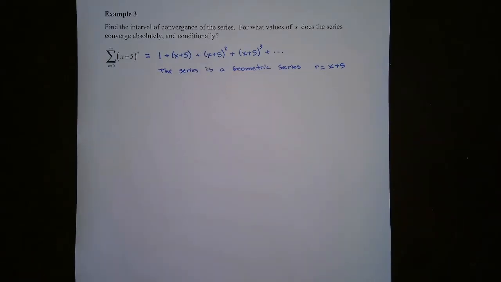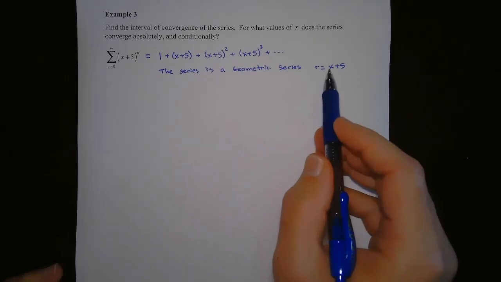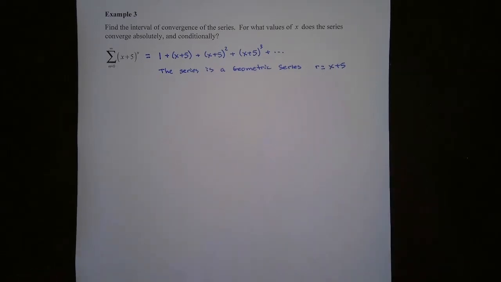So we can check for the absolute convergence of this, but we should already know that it converges absolutely when our absolute value of r is less than 1. And it's going to diverge when the absolute value of r, which is the absolute value of x plus 5, is greater than or equal to 1.